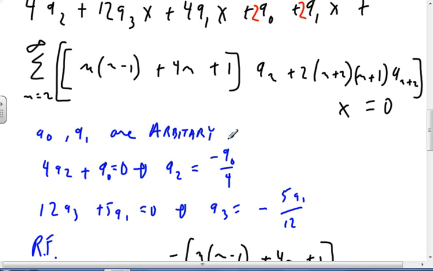A0 and A1 are arbitrary. For A plus 2, A0 is 0.